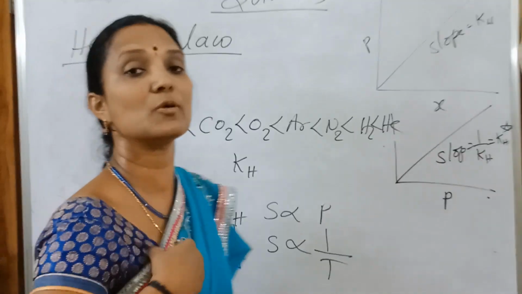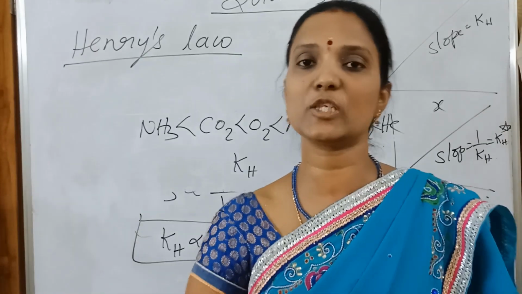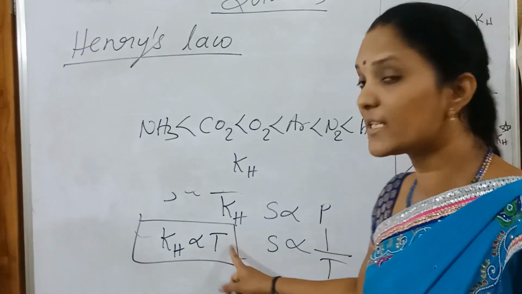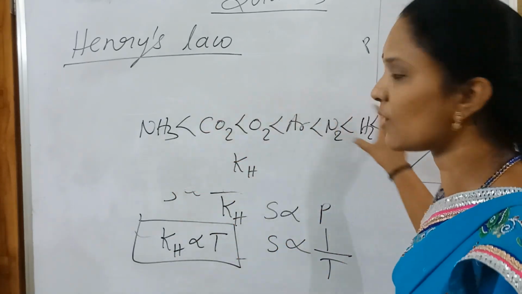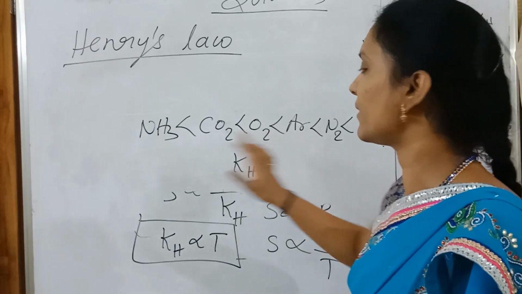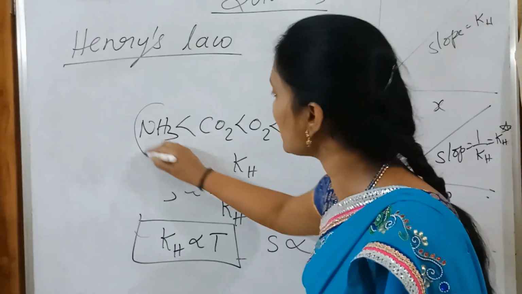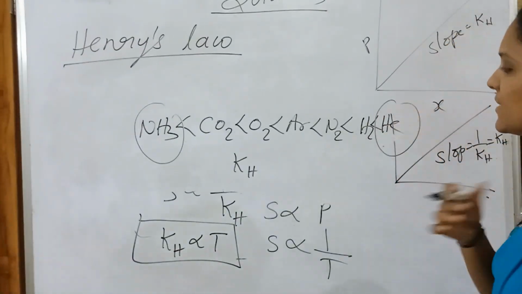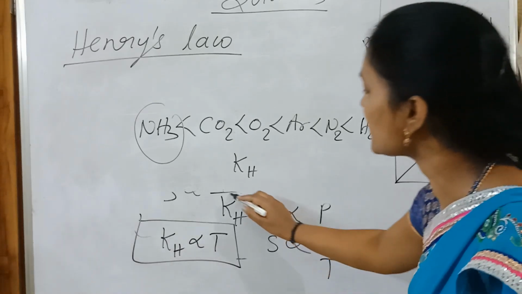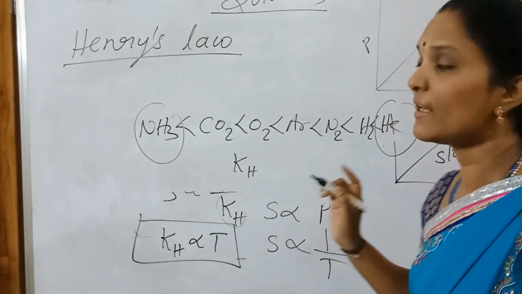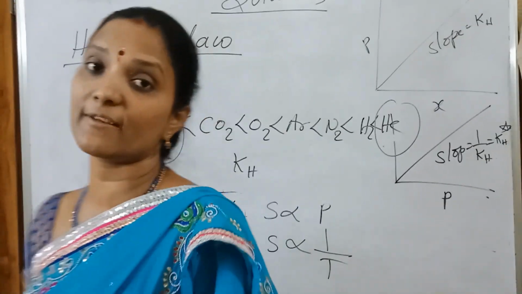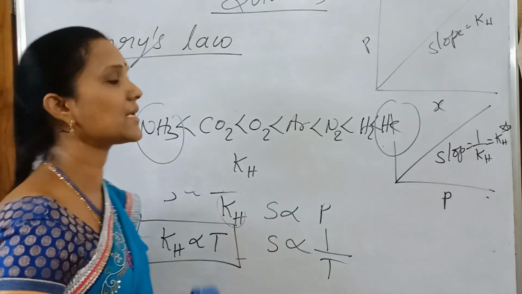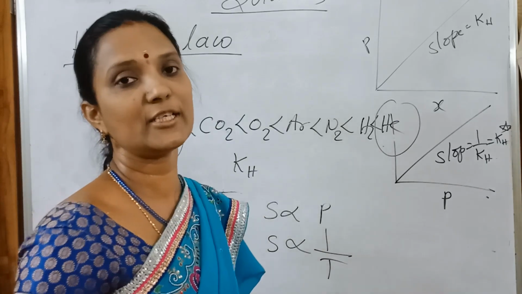So gas to gas this Kh value changes, and as temperature changes, Kh value changes. This order is important. So ammonia has least Henry's constant, helium highest Henry's constant. Which one has highest Henry's constant? Its solubility is less. So which is least soluble? Helium. Which is more soluble? Ammonia.